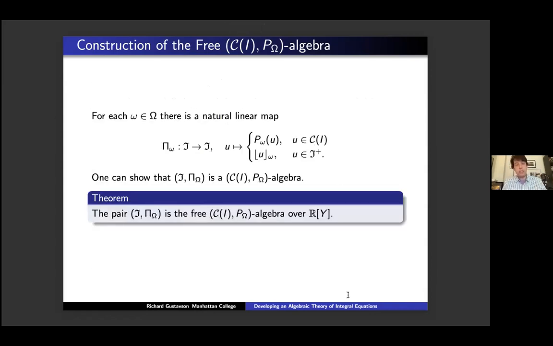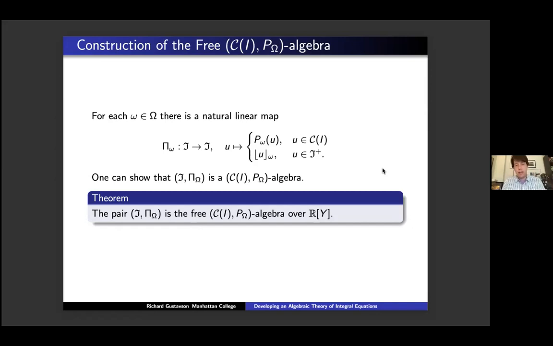And now for each little omega, we can define a linear map pi omega from I to I. Here is why we need to know that I is augmented, it's C of I direct sum I plus, because for any element U in I, if U is in C of I, then we just define pi omega of U to be P omega of U, where P omega is that omega integral that we defined earlier.